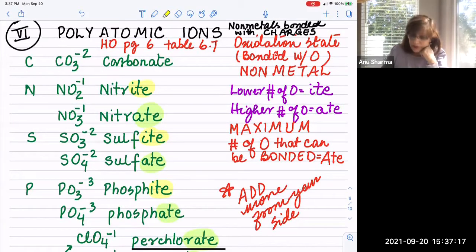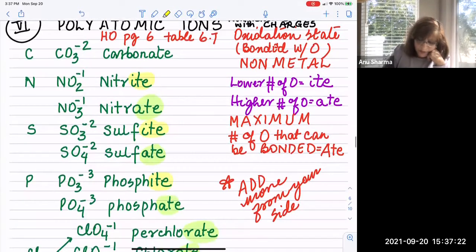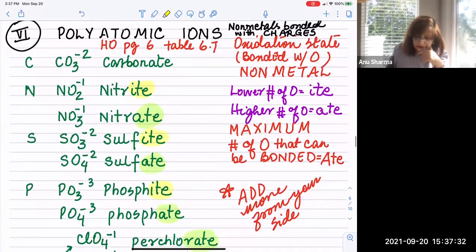Okay, now let's look at the polyatomic ions by themselves. Polyatomic ions, as we talked about, are made of 2 or more atoms. These are just some of the examples. Now, here's a very important point with polyatomic ions.